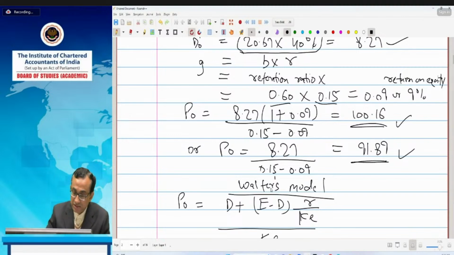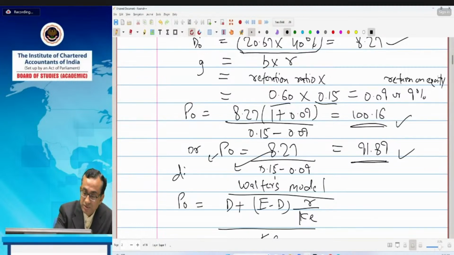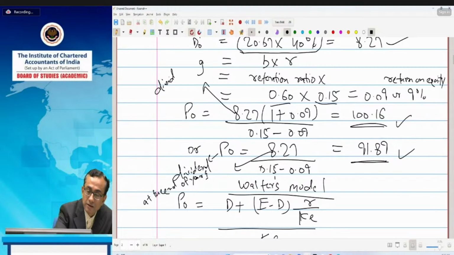Alternatively, it can also be calculated this way, without multiplying it with the growth rate. In the second situation, we have assumed that this dividend 8.27 is the dividend at the end of year one. And in the first situation, we assume that it is the current dividend, or the present dividend.